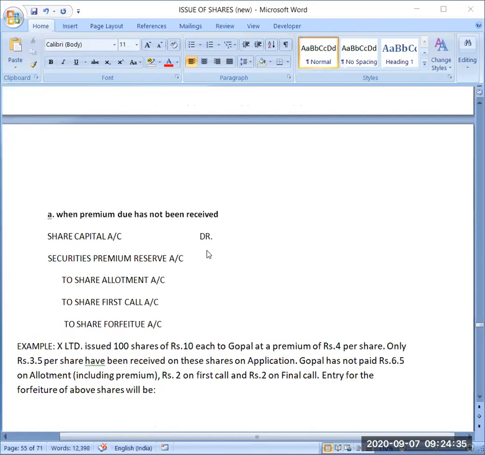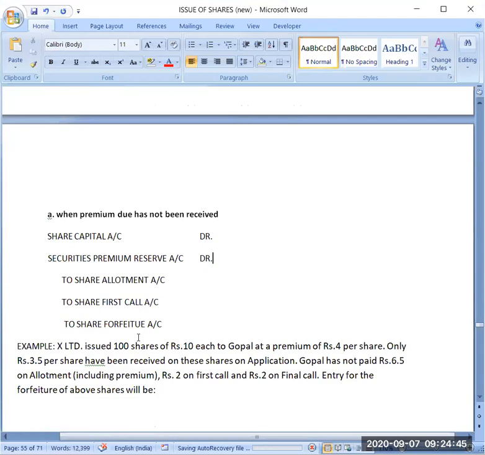Share capital account debit, securities premium reserve account debit, to share allotment account, to share first call account, to share forfeiture account. Whatever you have not received, that you will be writing, and whatever you have received, that you will be writing in share forfeiture. First, tell me, is the journal entry for forfeiture clear or not?